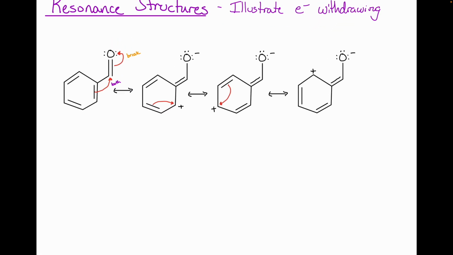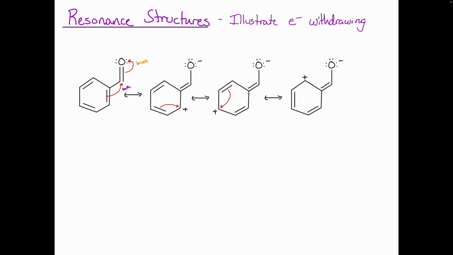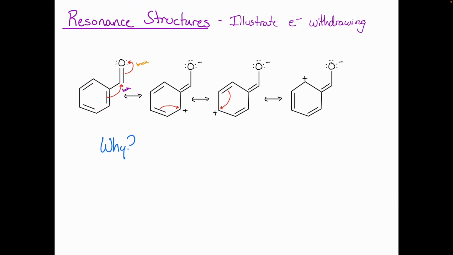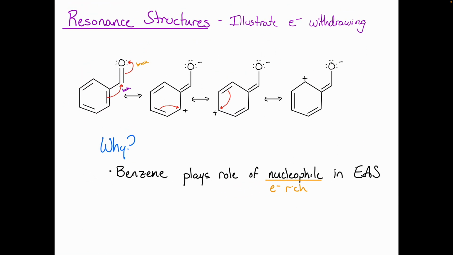So again, let's look carefully at our resonance structures and try to answer why these things are metadirectors. Well, again, we're going to remind ourselves what role benzene is playing in this reaction. Benzene plays the role of that electron-rich nucleophile.